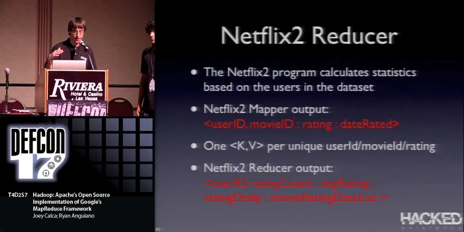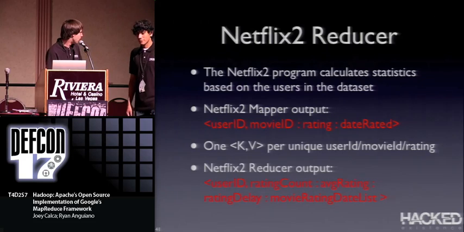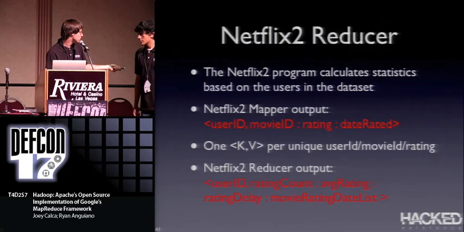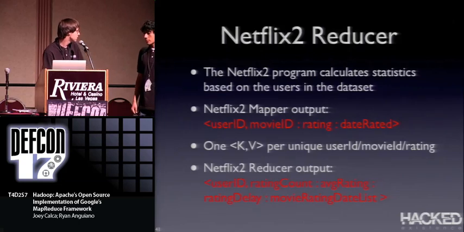So you get this huge hash map of the output of all the statistics based on each user, which was user ID, and then the value would be the rating count, the average rating, the rating delay, and the movie rating date list.